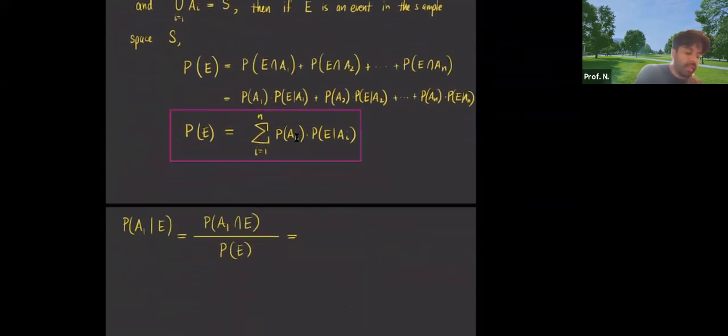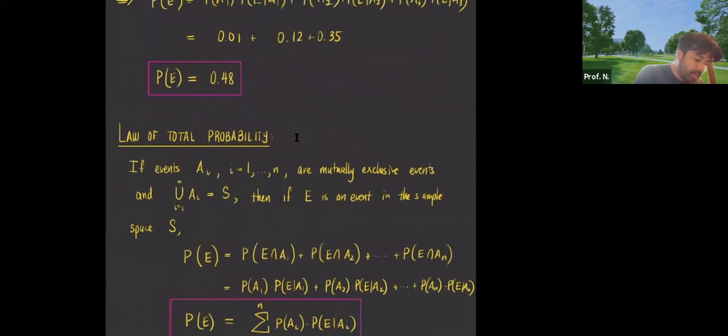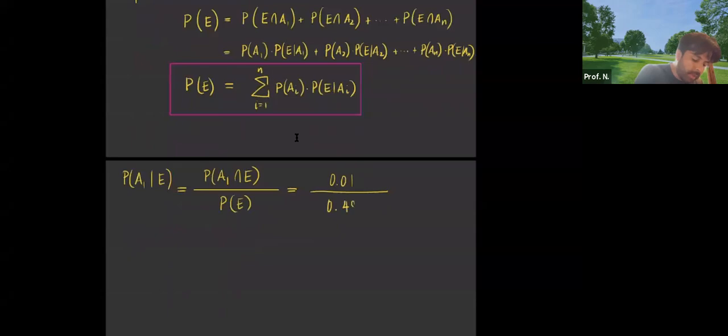But the idea, guys, is that eventually we'll unpack this. This is the probability of E given A1, multiplied by the probability that A1 occurs. And so for now, I'm just going to write it like this. You just use the numerical value. So 0.01 is the top, and 0.48 is the bottom, because we found it.